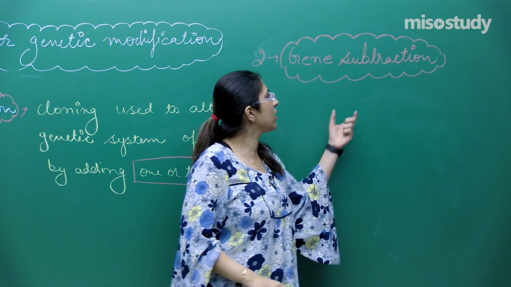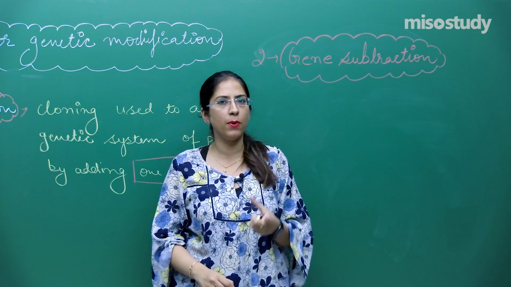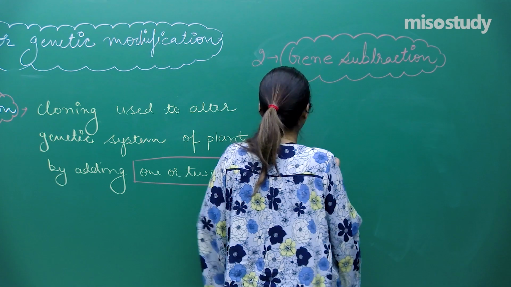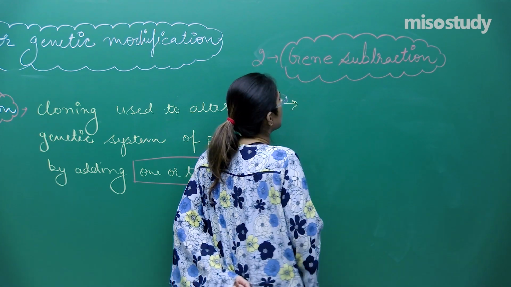Right? In gene subtraction, genetic engineering is employed so that one or two genes are deleted from the whole plant genome, right? So how can we write?